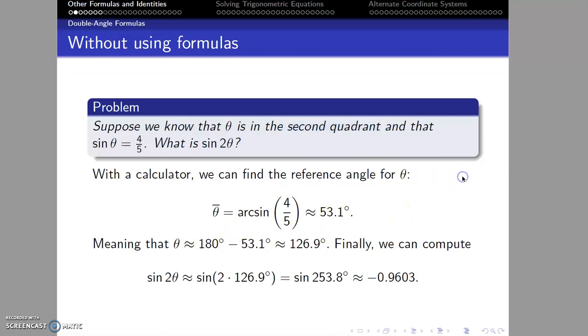It's 126.9 degrees. And so I double that, get 253.8 degrees, find the sine of that, and get negative 0.9603 from the calculator. But what if we want to compute it exactly? This is, at best, an approximation. So to get an exact answer, we need more.